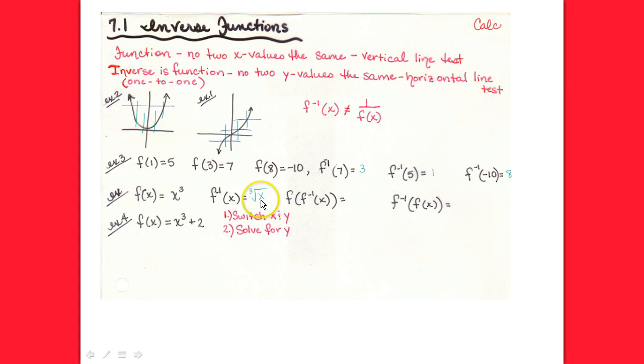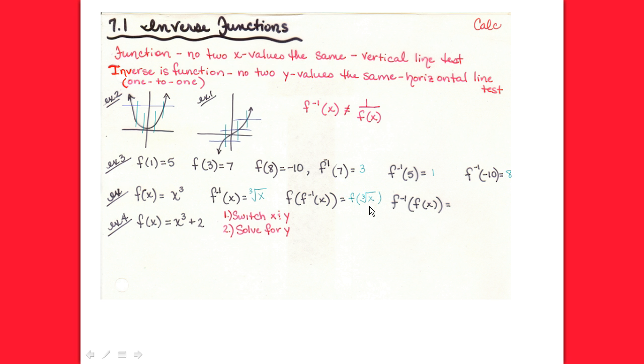So we think that this is the inverse of x cubed. Let's test it. Let's come over here and let's do f of the inverse. So I'm going to start by replacing the inverse with what it's equal to, and that's the cube root of x. So all I've done is replace the inverse of x with what it's equal to, the cube root of x. So now I have f of the cube root of x.